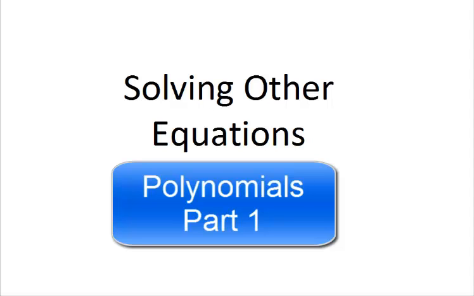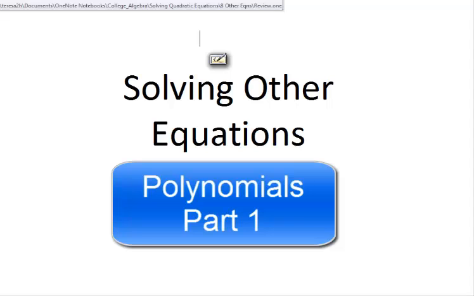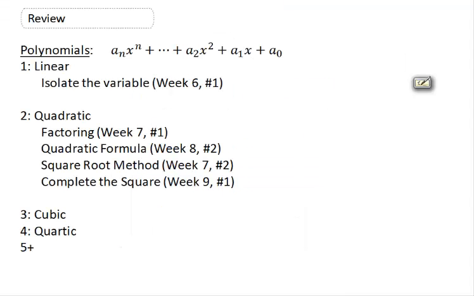Solving other types of equations. So let's review what types of equations we have solved thus far. First, we have solved linear and quadratic types of polynomials, where polynomials look like this here, that string or sentence of mathematical expressions.